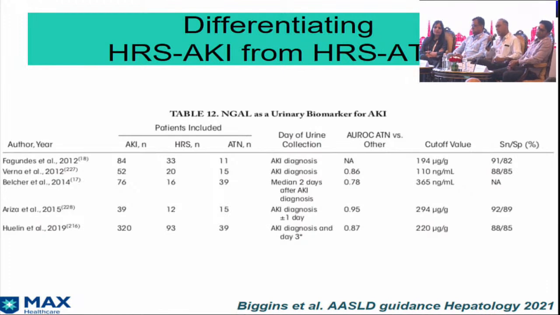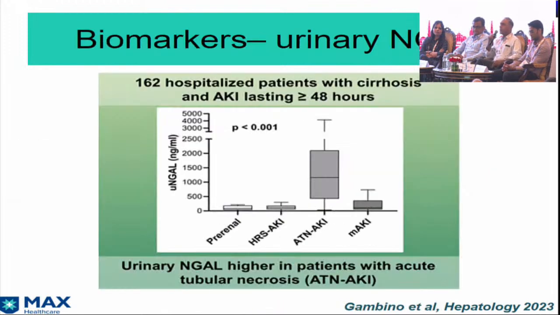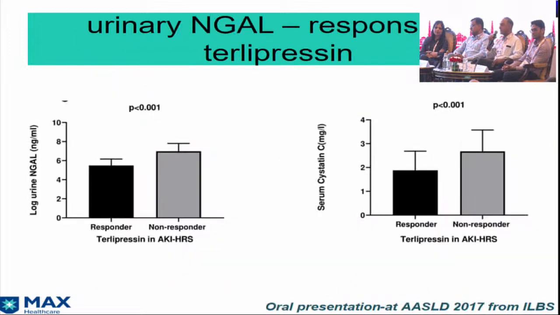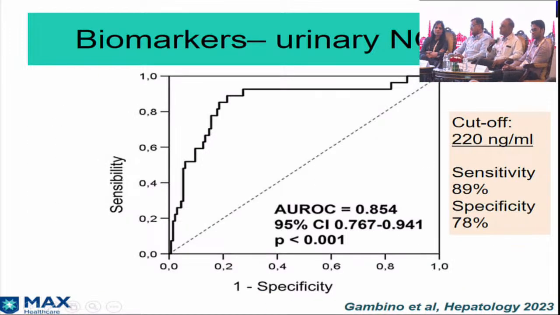The most investigated among them is NGAL, and that has helped in differentiating between HRS and ATN. Of course, there are multiple studies, and I think a urinary value of about 220 nanograms is supposed to have the best accuracy for prediction of ATN.